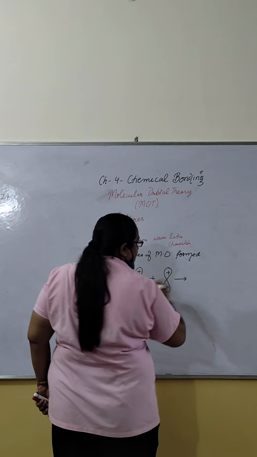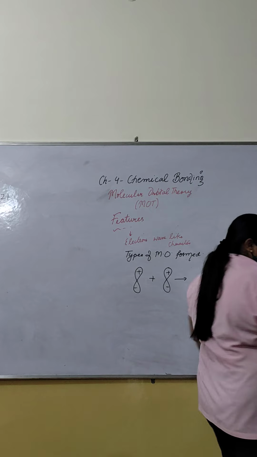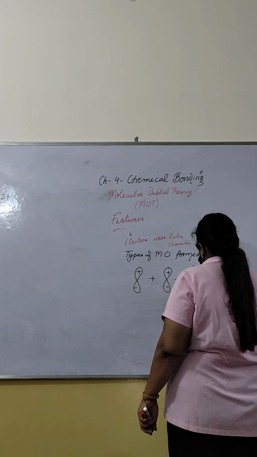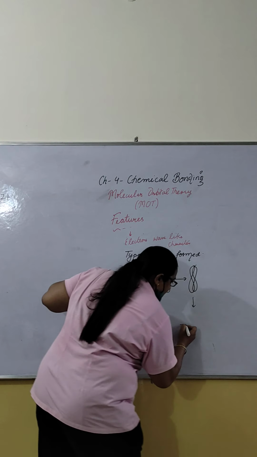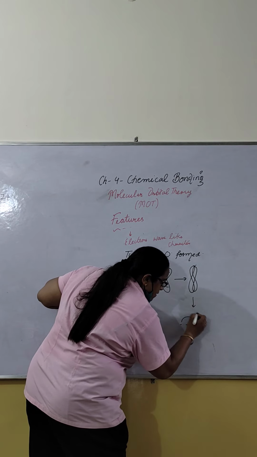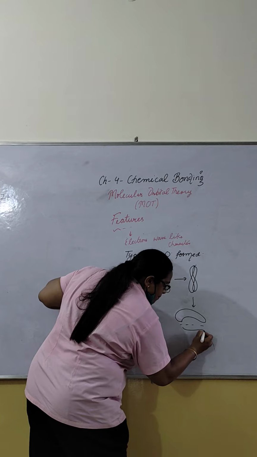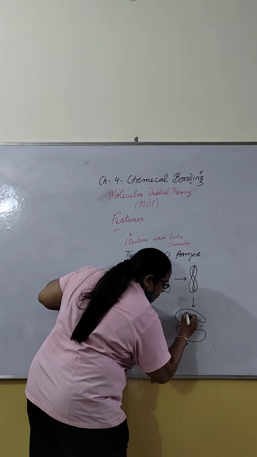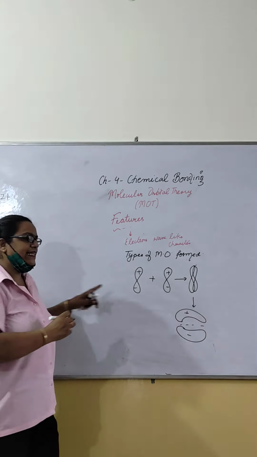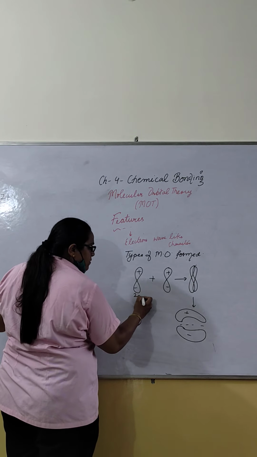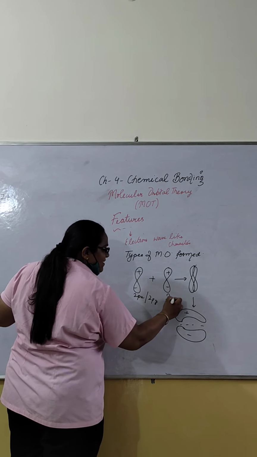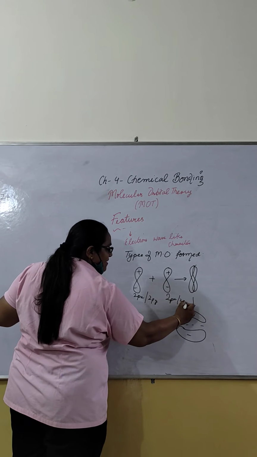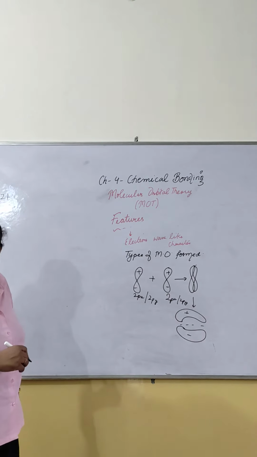So they will combine to form, they will overlap and form this. Either you take 2px or 2py, a pi bond they will form. The shape will be like a kidney bean shape.